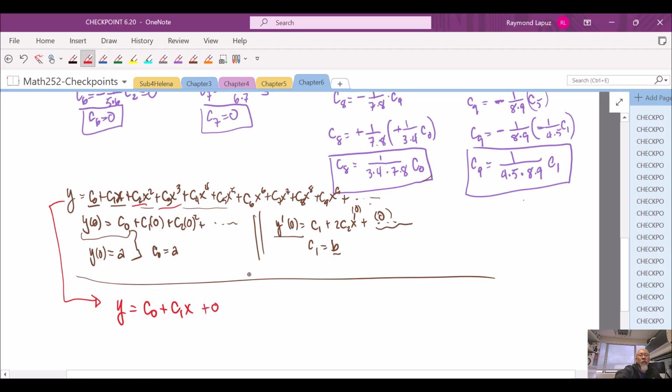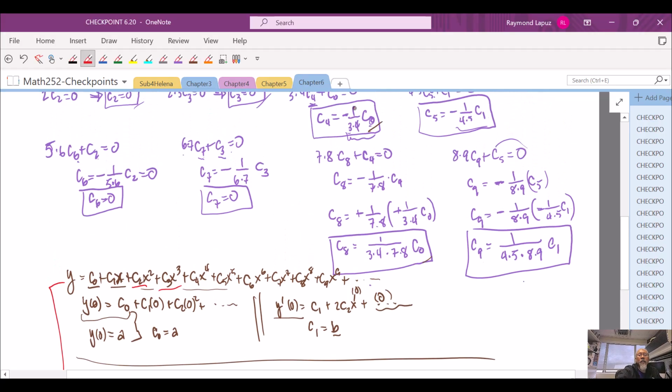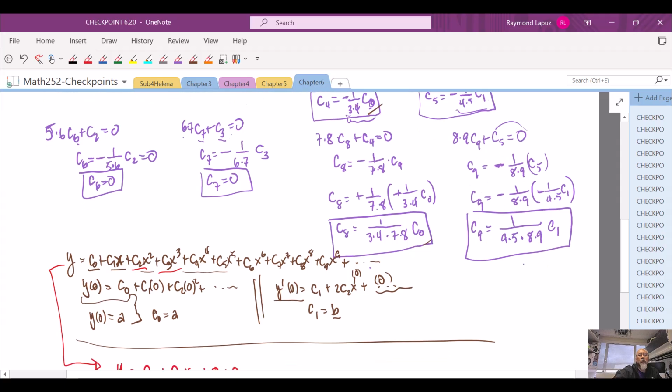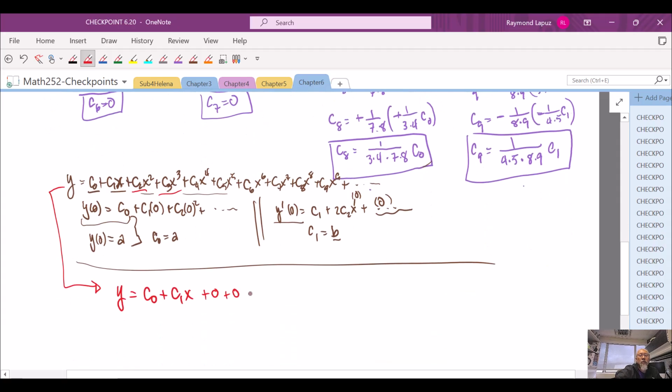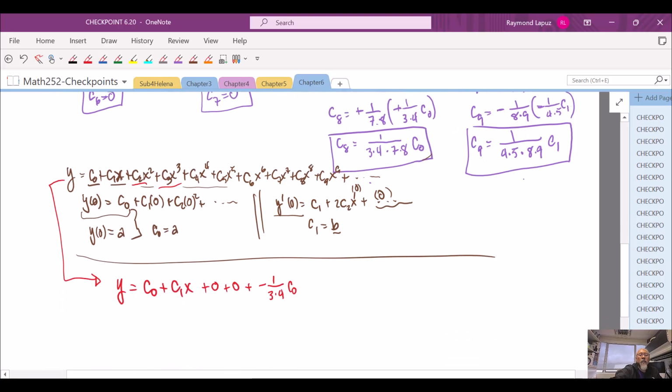We got 0 for c sub 3, but for c sub 4, we got that to be minus 1 over 3 times 4 c sub 0. So the next term is going to be minus 1 over 3 times 4 c sub 0. And then that is multiplied by x to the 4th.